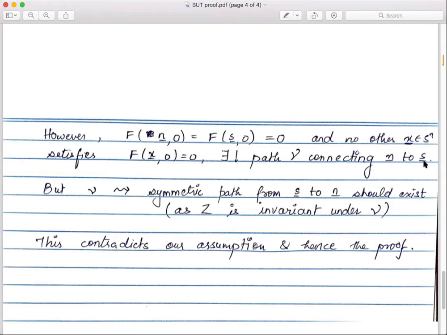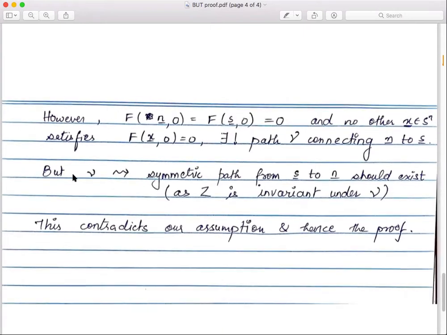Starting from one of these and ending at this through the curve. But remember the map nu is the antipodality on x. So that is going to give a symmetric path from S to N, right?